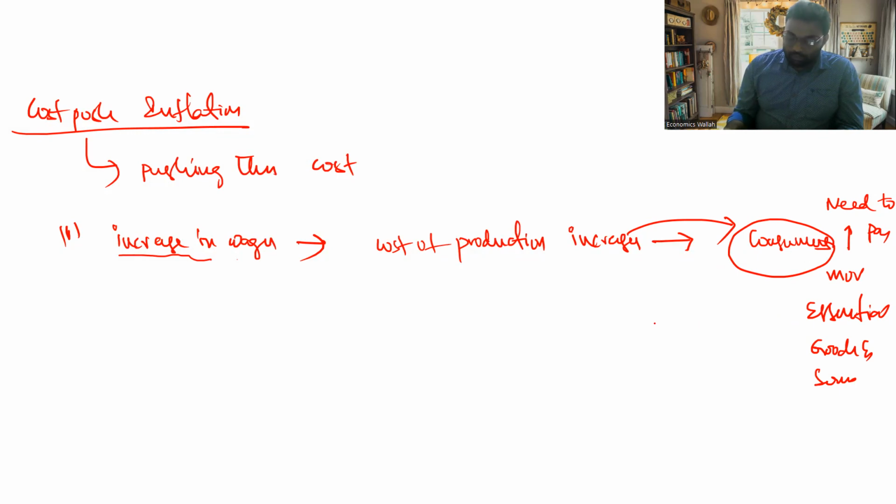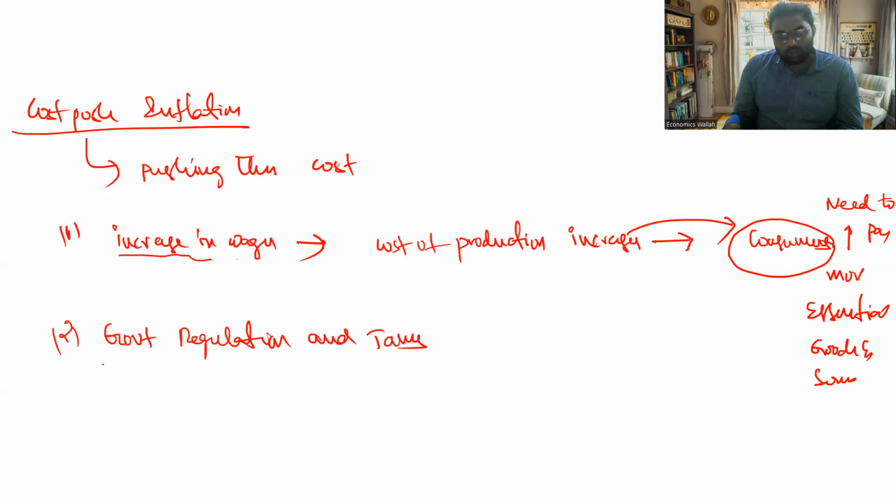And the second one, government regulation and taxes. Sometimes the government is increasing indirect or direct taxes, and sometimes there is a proposal to decrease the taxation.